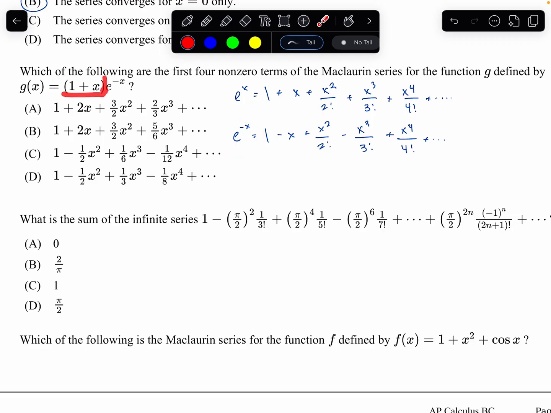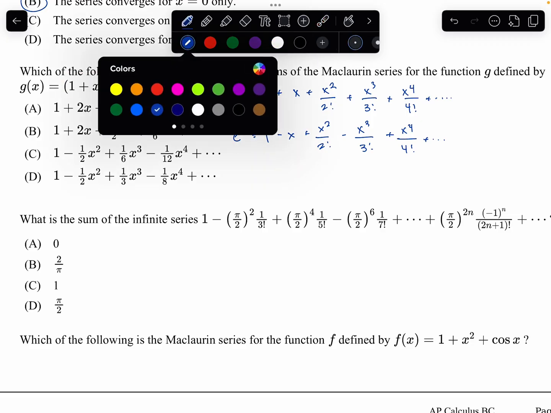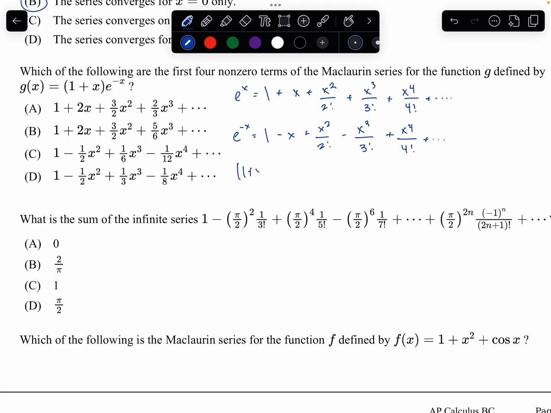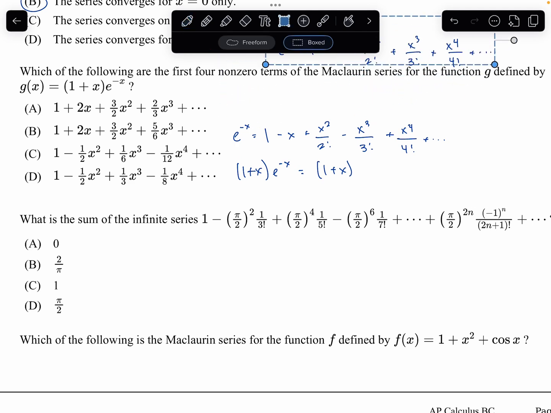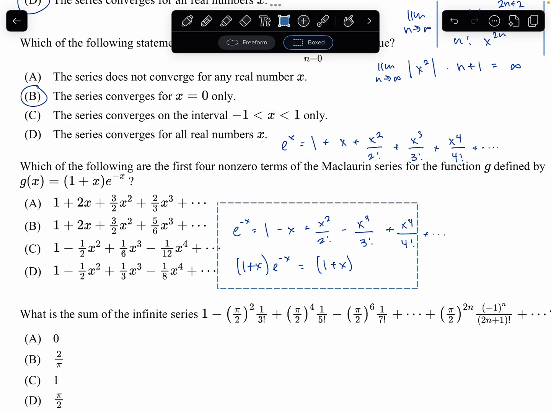Now I want to multiply that by 1 plus x. So what is 1 plus x times e to the negative x? I know you guys can't see this, but I'm going to move this up here so that I can have some space.